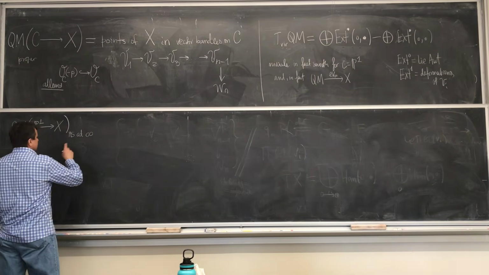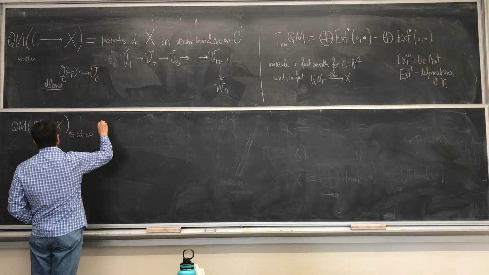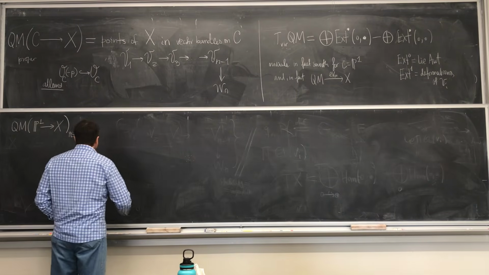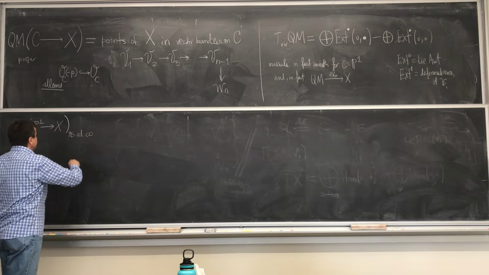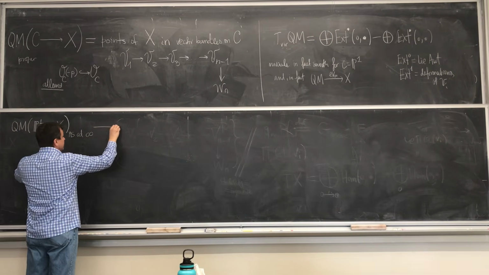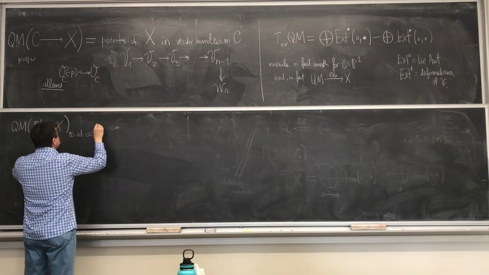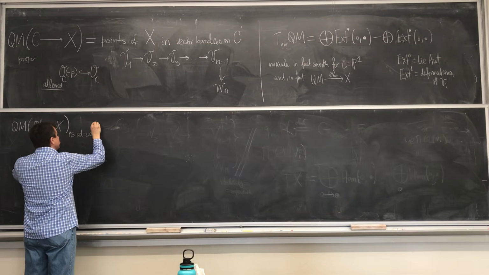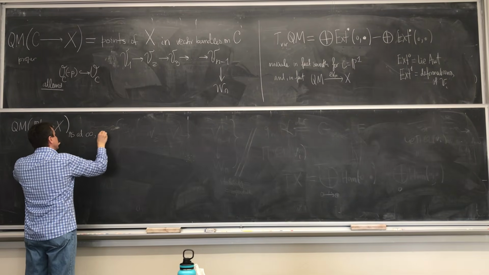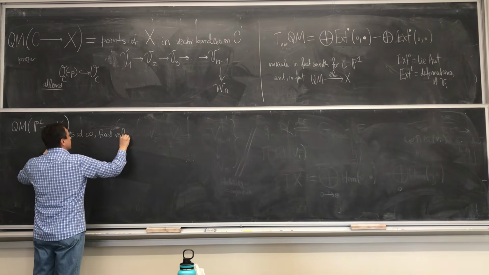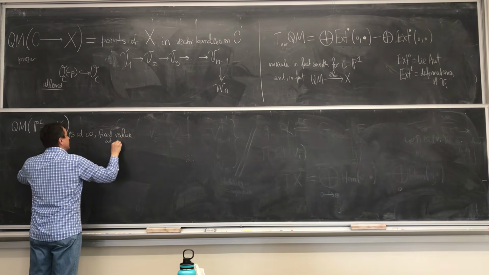And so this is smooth and has an evaluation map. In fact, since I assume it's non-singular at infinity, I fix it to be at a fixed value at infinity.